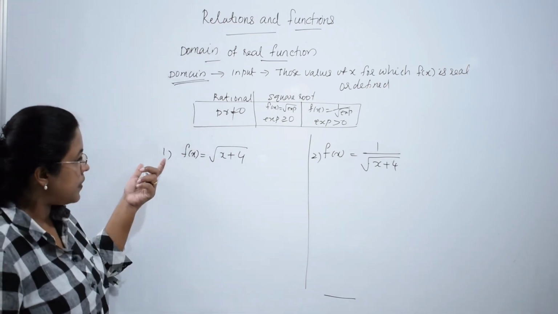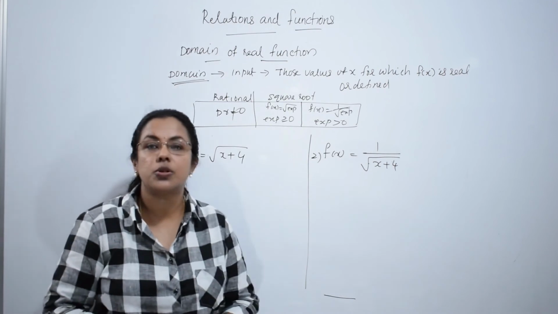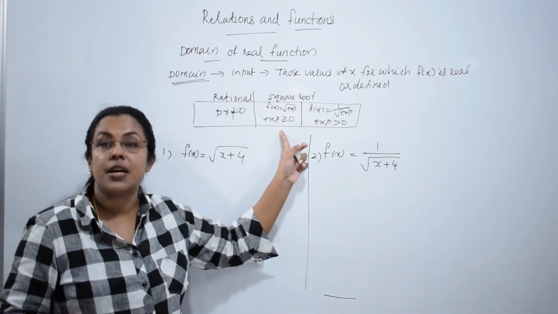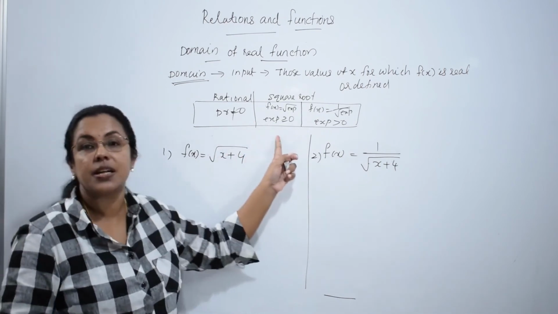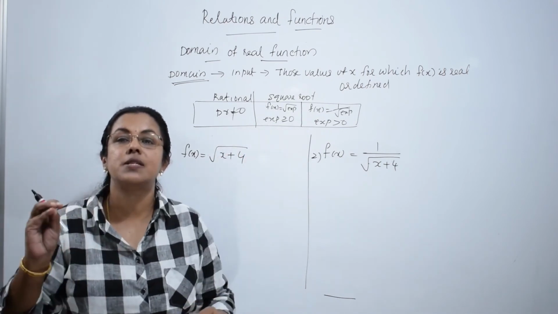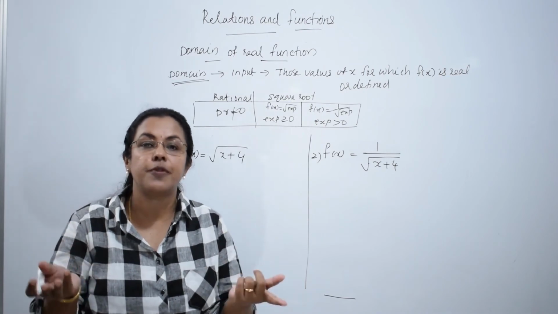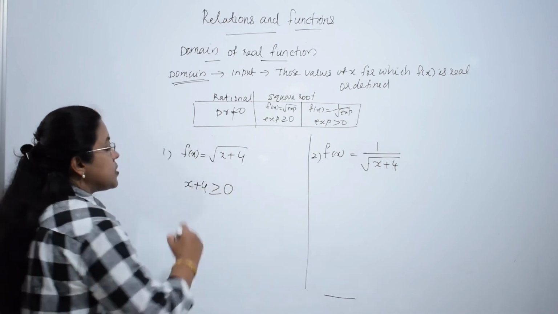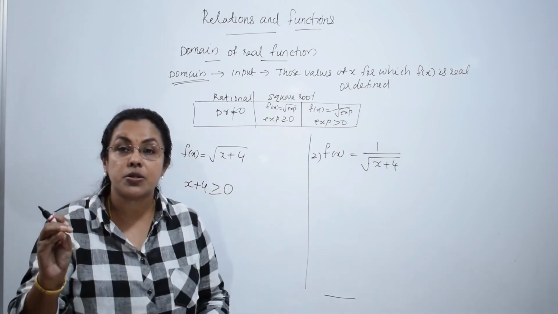Find the domain of the function f of x is equal to root over x plus 4. It comes under which category? f of x is equal to root over some expression. So how to find its domain? x plus 4 greater than or equal to 0. Why greater than or equal to 0?